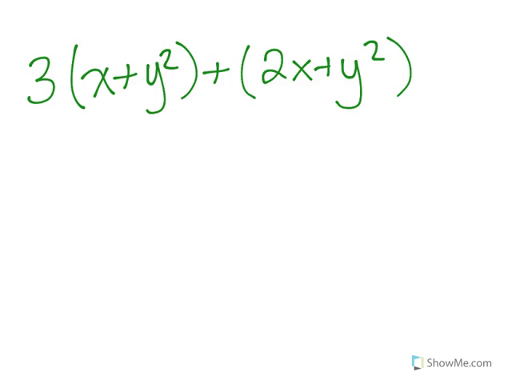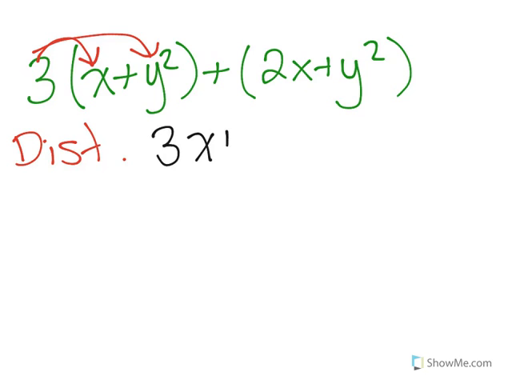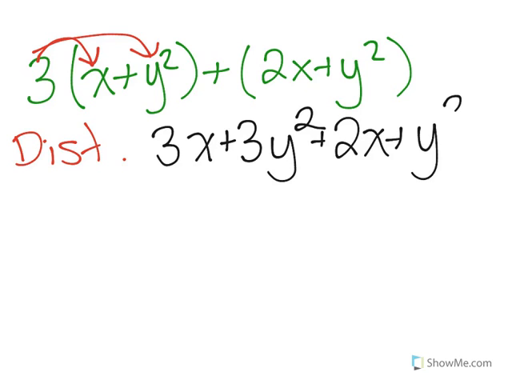So now we can rearrange this by using distributive property first. So here's the distributive property, which is 3x plus 3y squared plus 2x plus y squared.